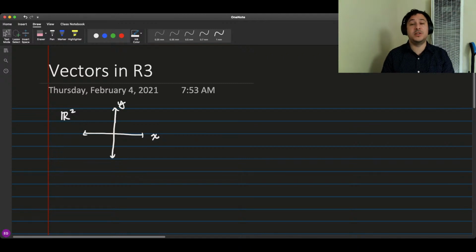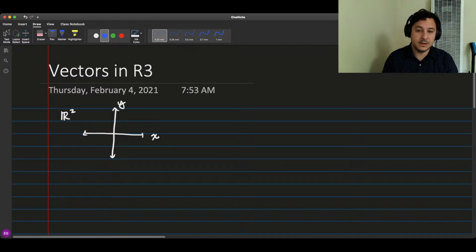There's also another choice you can make, which is completely arbitrary, but we follow it. If you go to the right of the origin, usually these are positive numbers, and if you go to the left of the origin, usually those are negative numbers. So this part over here, we could call the positive x-axis, and this part over here, the negative x-axis.